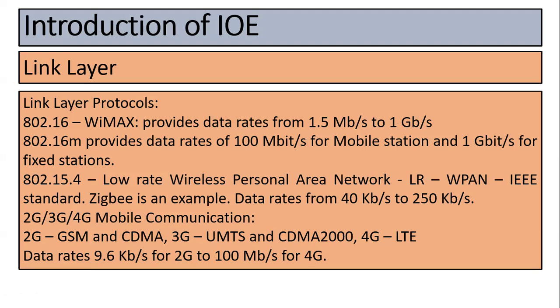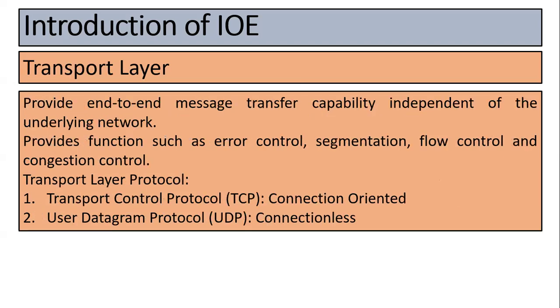Now, why are we reviewing these link layer protocols? You've already studied them, but we will be using them depending upon the applications. Suppose, for example, we will study with an example once again. First we cover the protocols, and then we will understand where these different link layer protocols can be utilized.